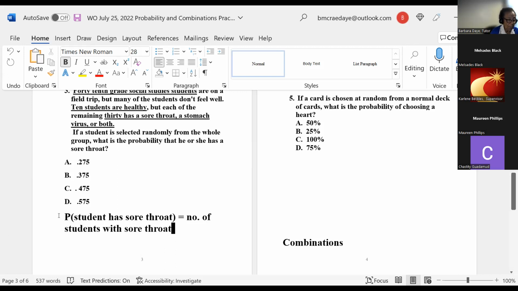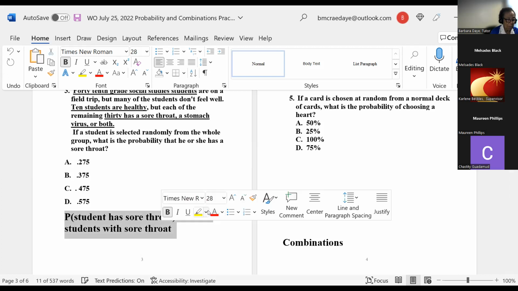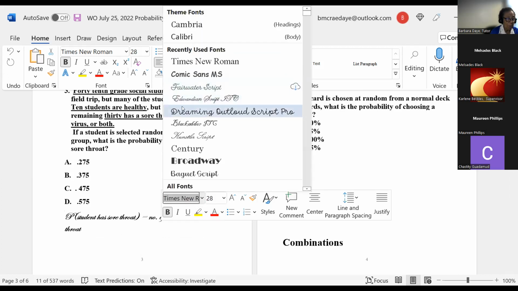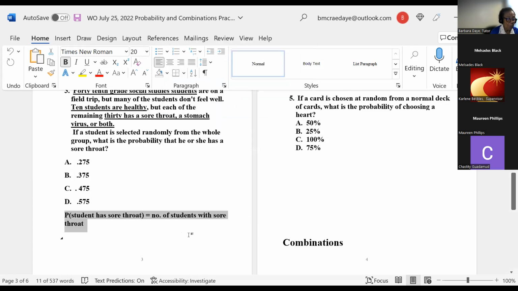Let me abbreviate this. That's the number of students with a sore throat, and this is divided by what?